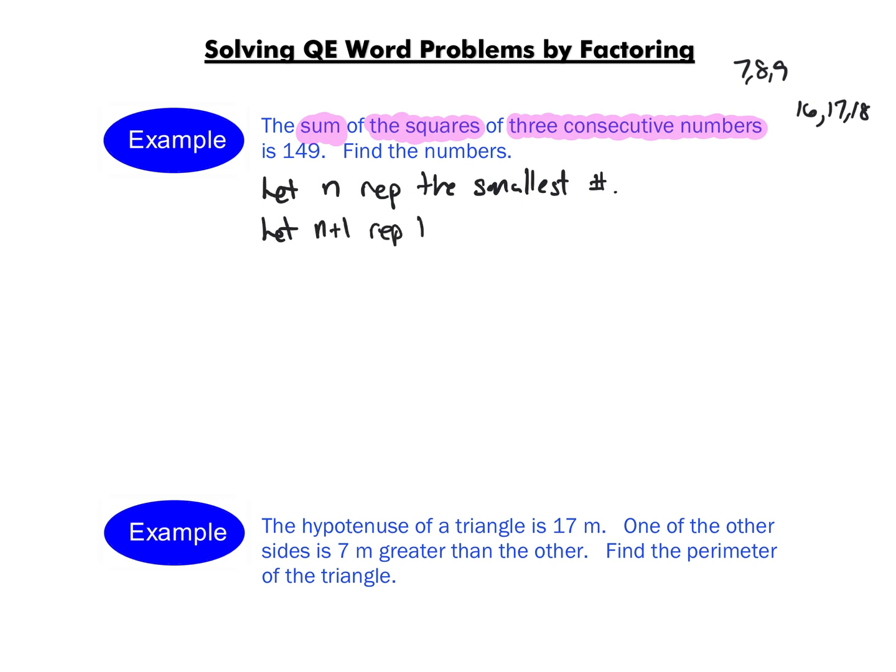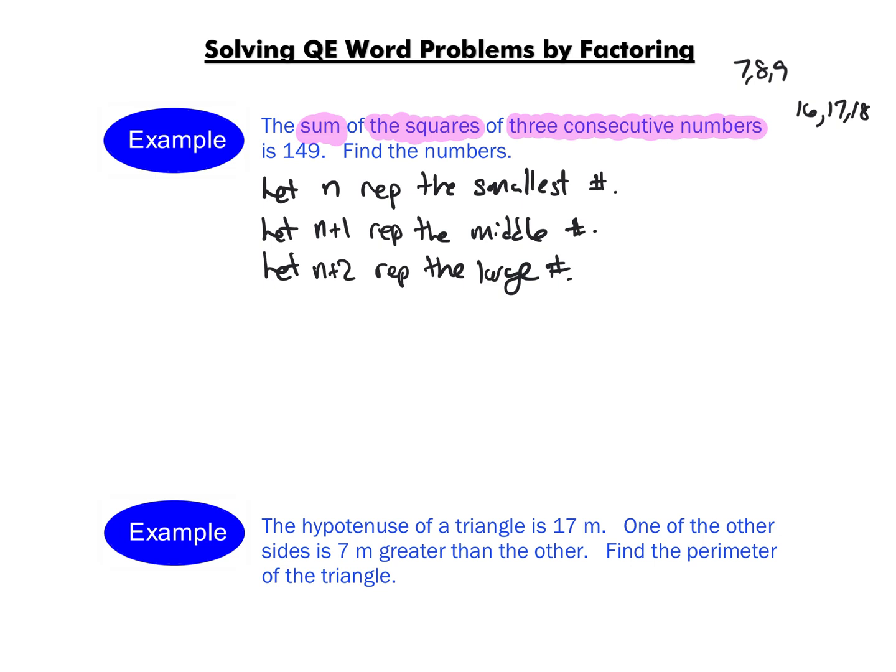That will represent the middle number. And let n plus 2 represent the large number. And that's all there is to it for your let statements. Okay, so you got your let statements.